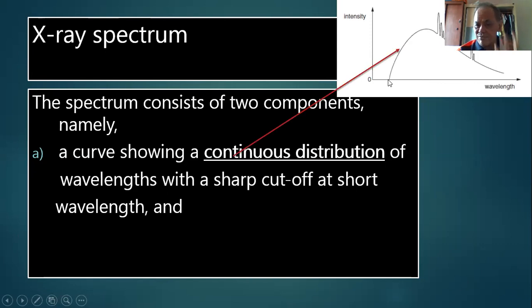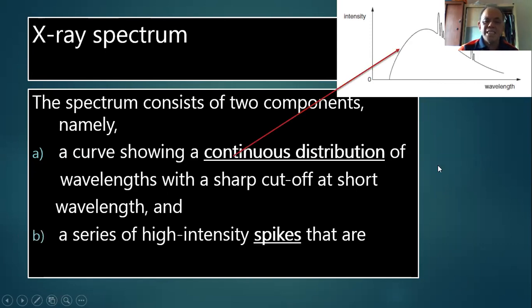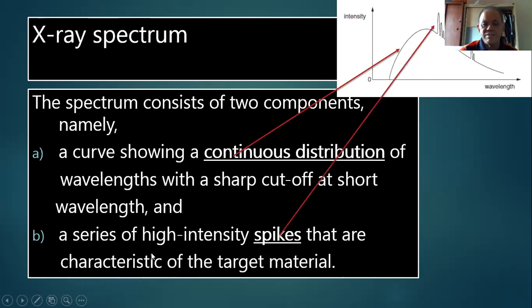Remember, higher frequency means short wavelength. And a series of high intensity spikes. That series can be 2, can be 3. Sometimes it's just here only, you don't have that one. It doesn't matter, it depends on the metal you use. As we said, characteristics of target material. So if you use tungsten, you will see different spikes than if you use other metal.